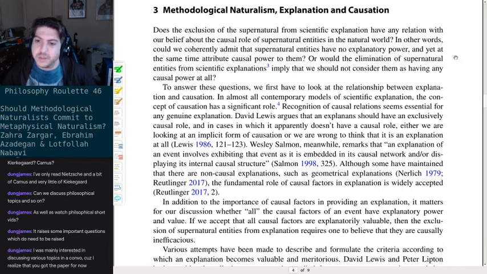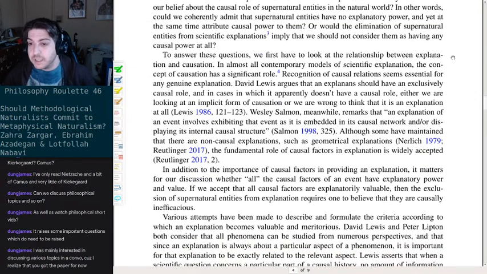To answer these questions, we first have to look at the relationship between explanation and causation. In almost all contemporary models of scientific explanation, the concept of causation has a significant role. Recognition of causal relations seems essential for any genuine explanation. David Lewis argues that an explanans should have an exclusively causal role; in cases in which it apparently doesn't, either we are looking at an implicit form of causation, or we are wrong to think that it is an explanation at all.